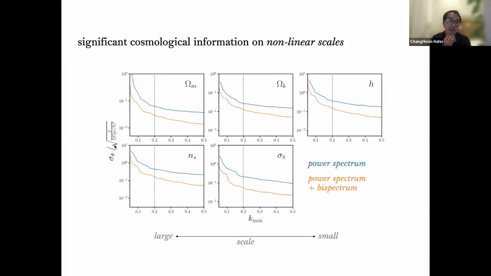We also find that there's significant information beyond the current scale cuts. So this is a rather busy plot, but I'm showing you here the 1 sigma value of the forecast as a function of the Kmax scale used. And in each of these panels, I've labeled the current scale cuts. And you can see that as we go down to larger and larger Kmax or smaller scales, we are able to improve all of the lambda CDM parameters pretty significantly.